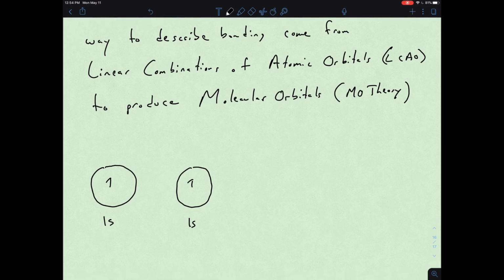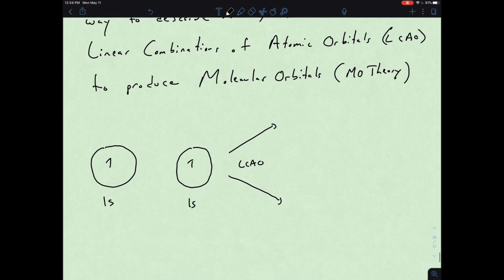But here's where we're talking about this idea of linear combinations of atomic orbitals. So we're going to put these two orbitals together in order to bond, in order to have a sharing of electrons.